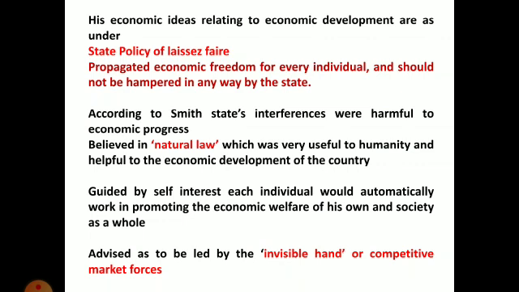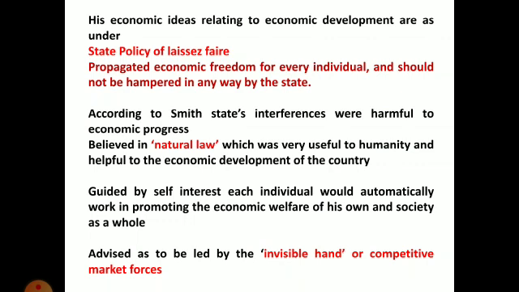Always guided by self interest, each individual would automatically work in promoting the economic welfare of his own and of the society as a whole.